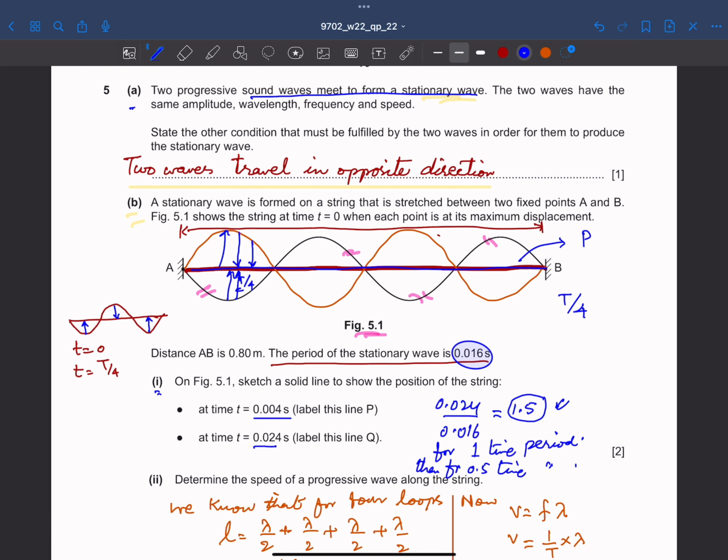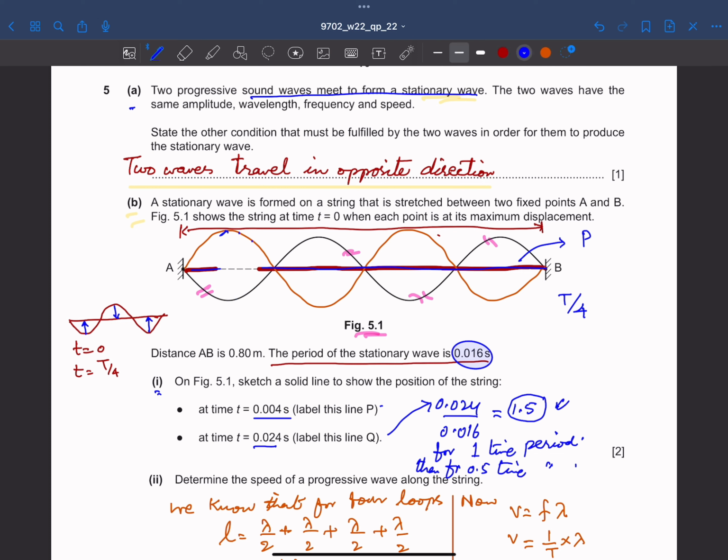And then what you have at time 0.024 second. So what is the situation here? Basically this point over here is Q, and this is point P. For P you have this situation where only 1/4 period has passed, so for time T over 4, this is not 1.5 T. 1.5 T is something different.